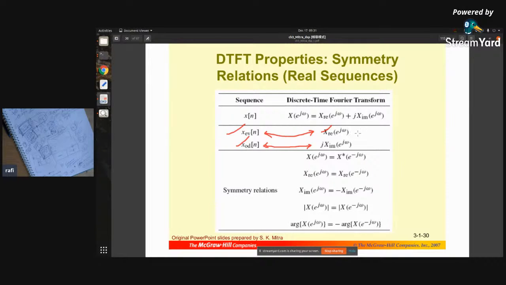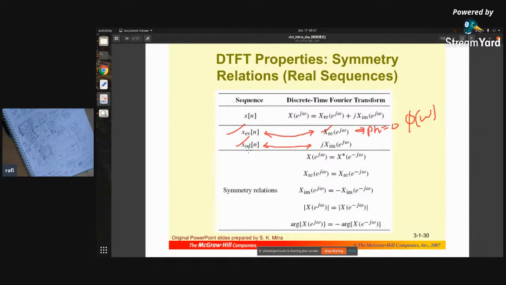There won't be any imaginary part. That means the phase is 0 for this one. Phase means phi of omega. If you represent phase as phi of omega, it will be 0.